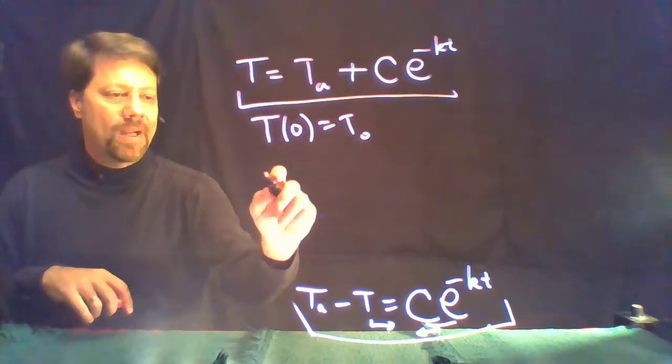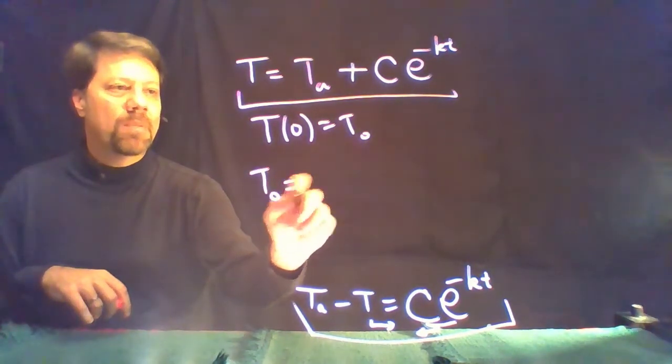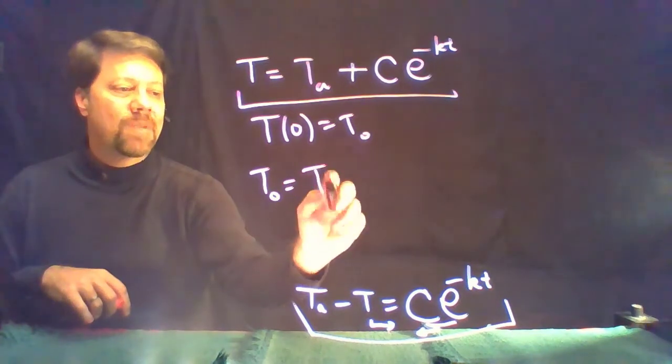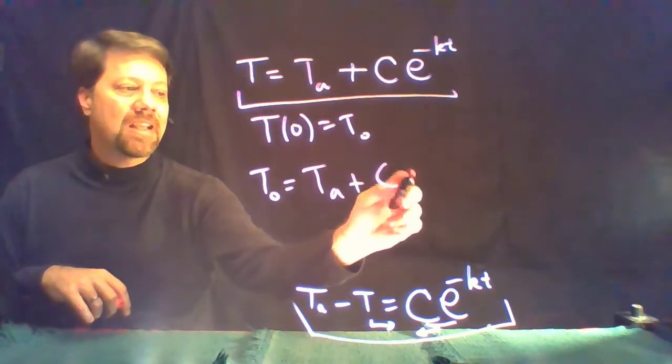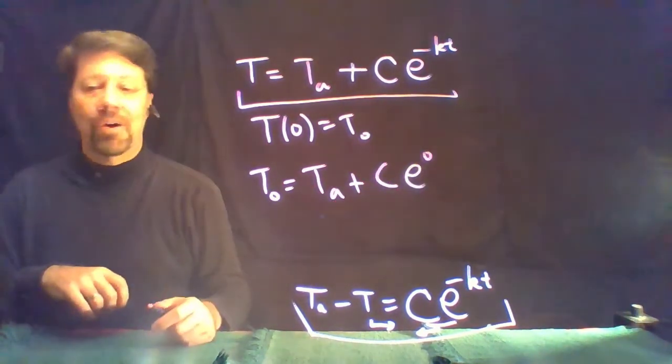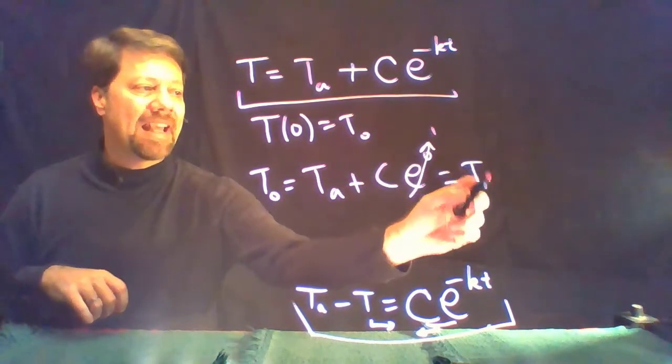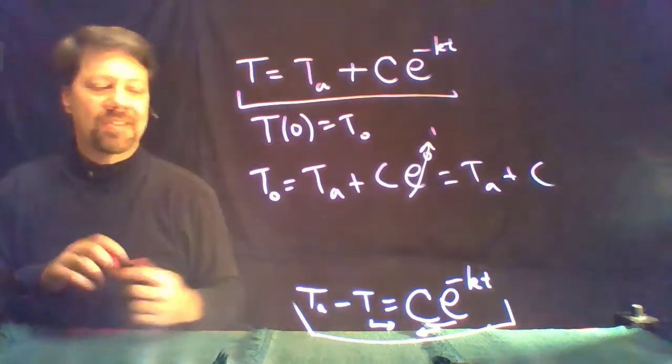Using this equation, T0 will be what you get when you substitute 0 in for t here. That's going to be the ambient temperature plus c times e to the 0. But e to the 0 is 1. And so we get the ambient temperature plus c.